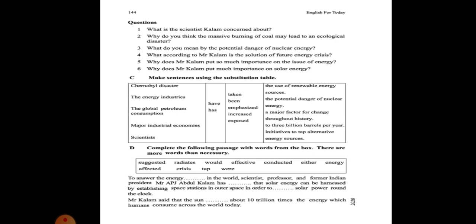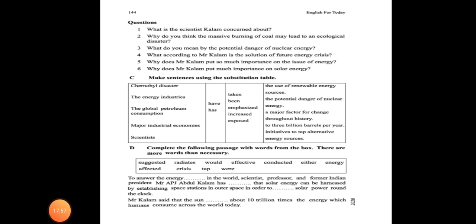Most probably, definitely, he wants to point out here the alternative way of energy and its demand.